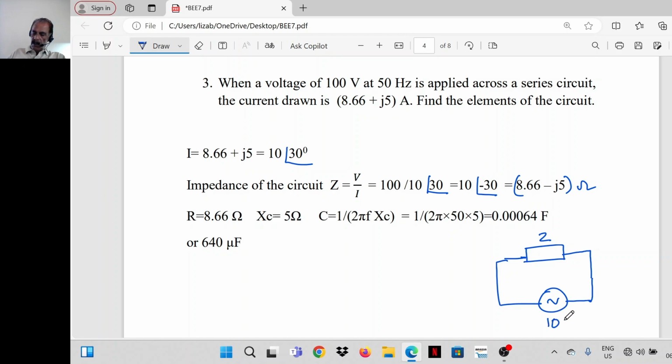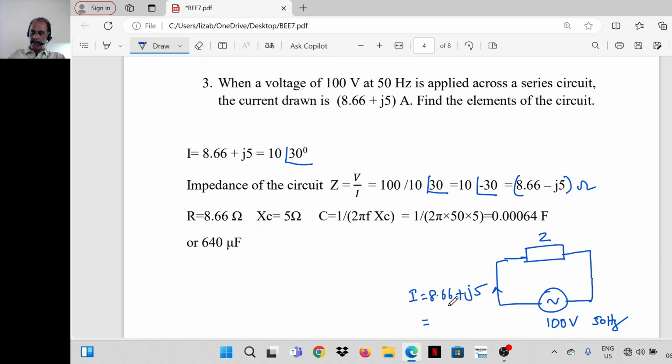So the applied voltage is 100 volts, frequency 50 hertz. Current drawn is I equal to 8.66 plus j5 ampere. The current is given in rectangular coordinates, so let's convert it to polar coordinates.